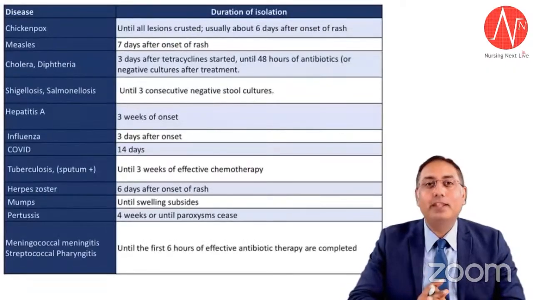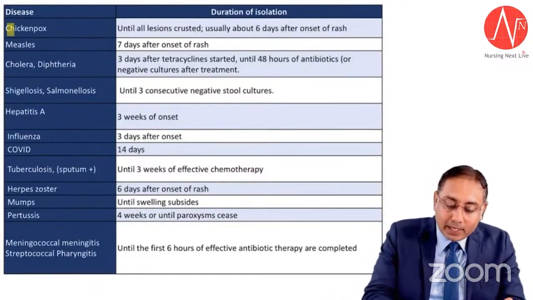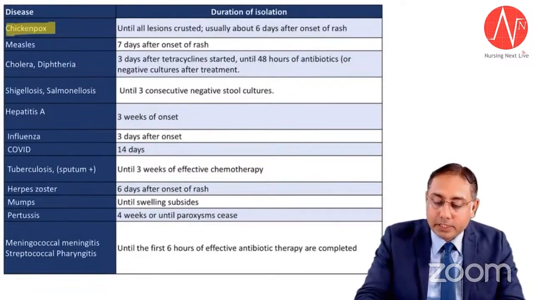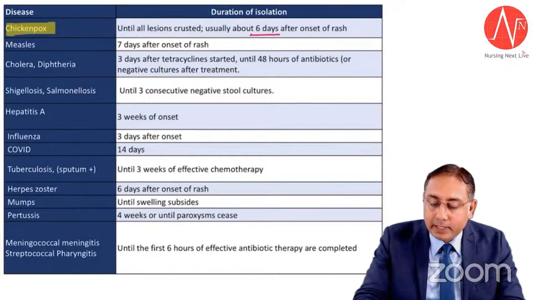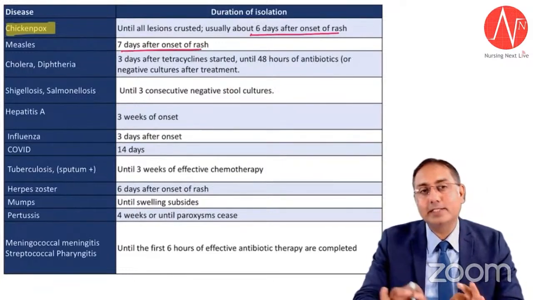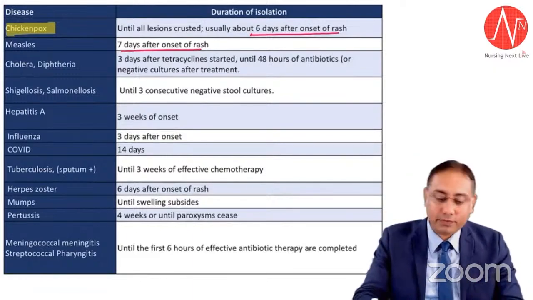This is just a summary table that I have prepared for you. You can remember almost everything, but of course the ones which I'm going to highlight. Chickenpox, very important. The person is usually isolated till 6 days after onset of rash. Similarly for measles, it's 7 days after the onset of rash.